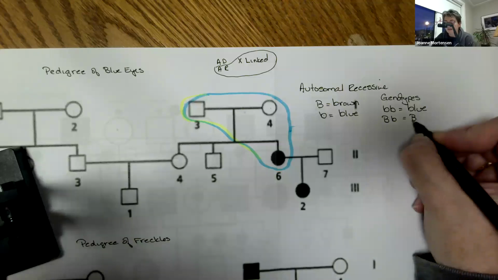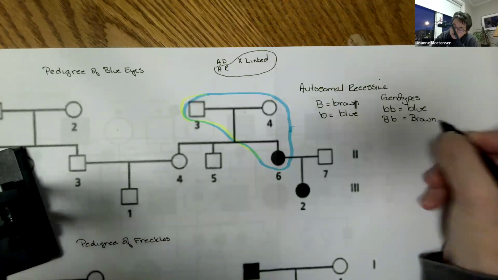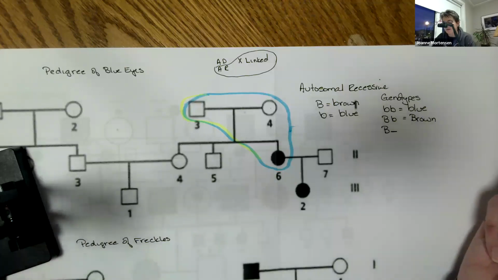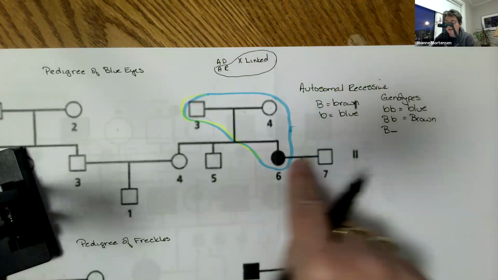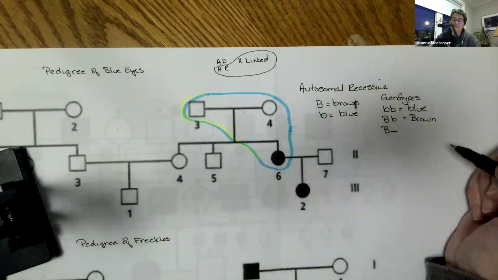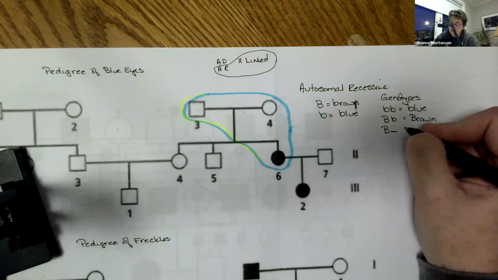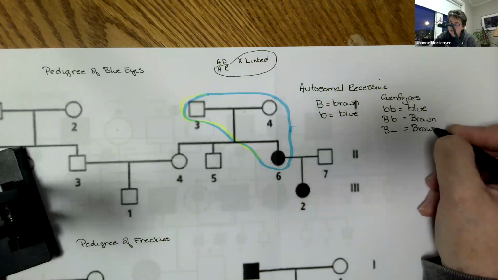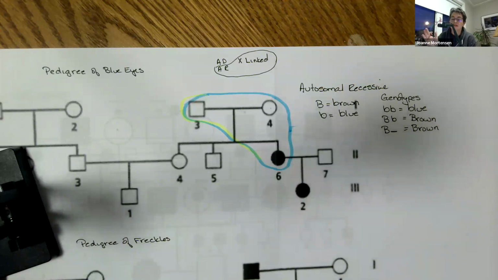And here's the rule. On these forms, you can never, ever have homozygous dominant because you can't tell from a pedigree what this person is. But they do have brown eyes. Now, if that doesn't make sense, just trust me for right now.